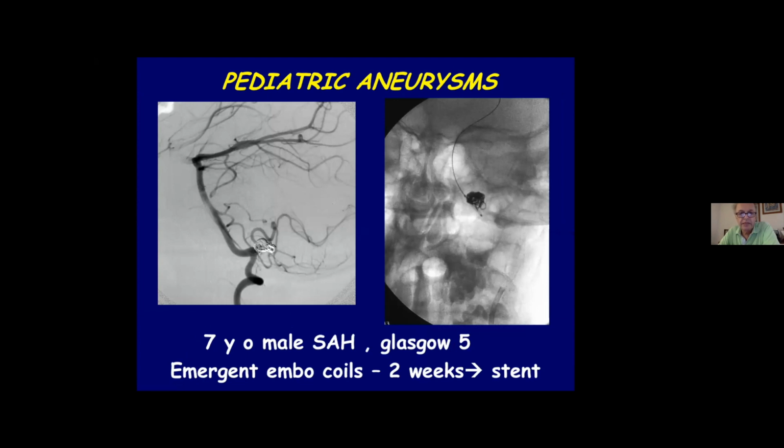Other complex case, Glasgow 5, subarachnoid hemorrhage, in emergency treated with coiling, and 2 weeks later, I treated with a stent. This is coiling, and this is a balloon expandable stent in this period, a cardiac stent.